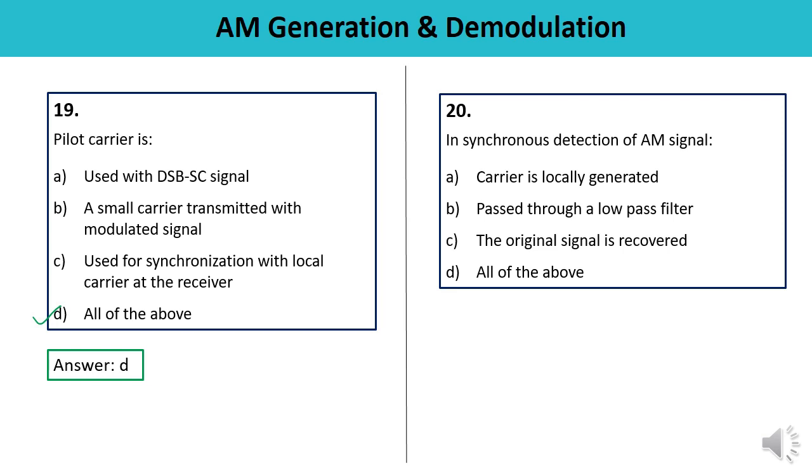And at the output of the low pass filter, the original modulating signal is recovered. It means synchronous detection requires generation of carrier at the receiver also, and additional circuitry is required there. So here also the answer is D, because carrier is locally generated, passed through the low pass filter, and original signal is recovered.